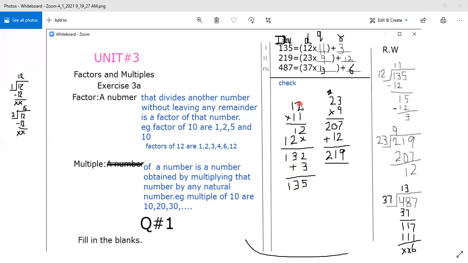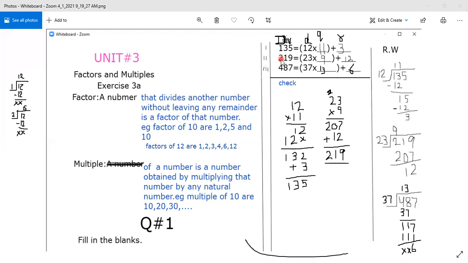Now 12 is the divisor, 11 is the quotient, 132 is the product of 12 and 11 and 3 is the remainder. When we multiply divisor and quotient and add remainder to it, that is equal to the dividend.